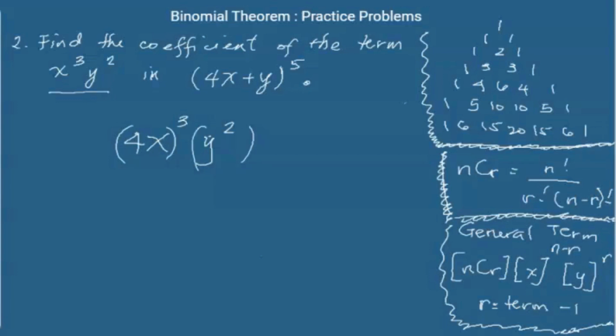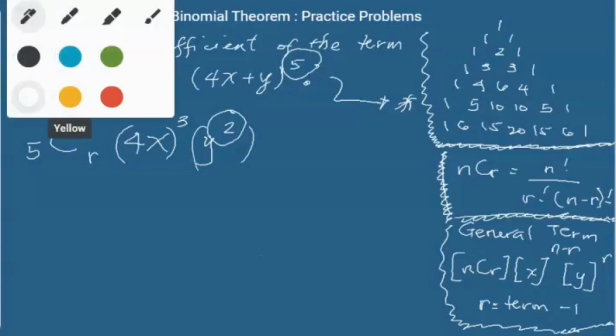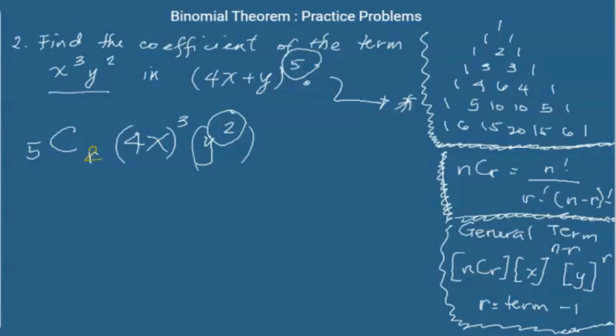So using the general formula, since this is raised to the 5th power, we're looking at the 5th row of the Pascal triangle. So that's 5 taken r. Our r from the general formula is the exponent of the second term of the binomial, which means that's 2.